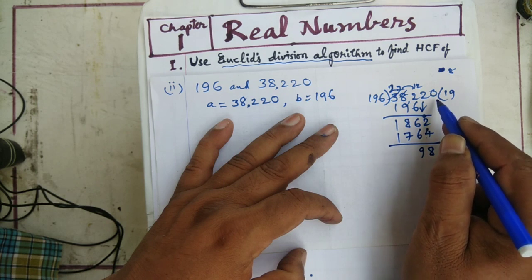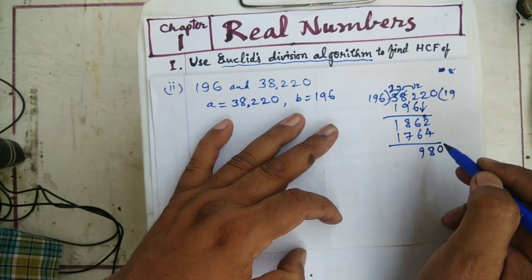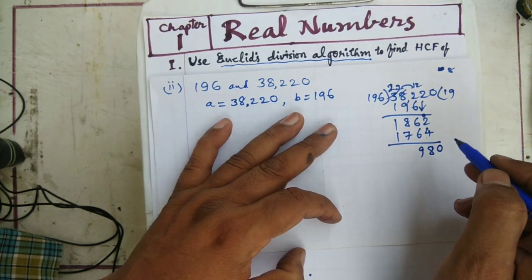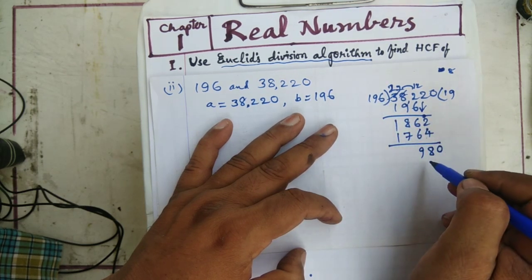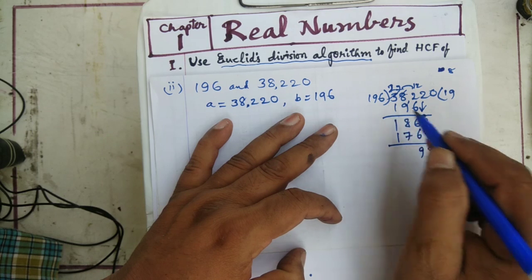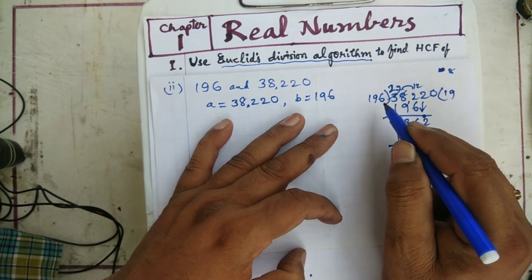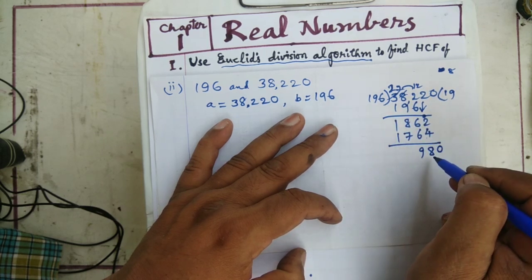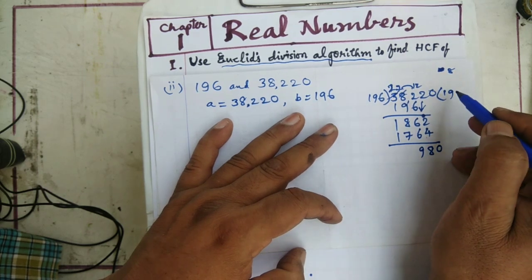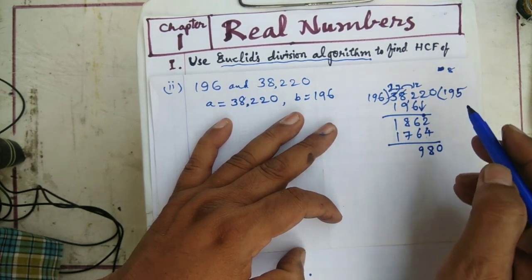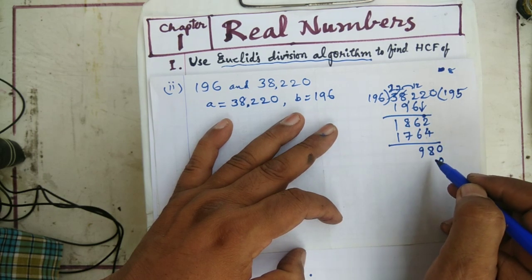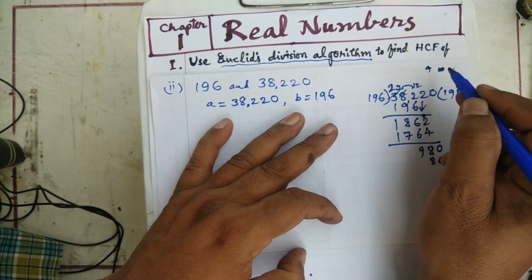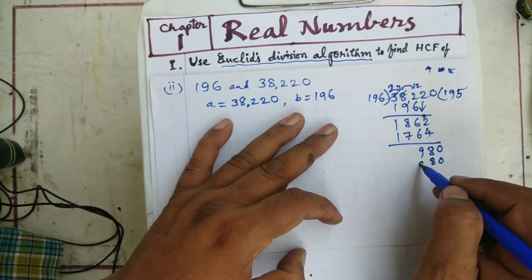So here 0. Then 5 times: 5 sixes are 30, 5 nines are 45, 48, 5 ones are 5, 9.